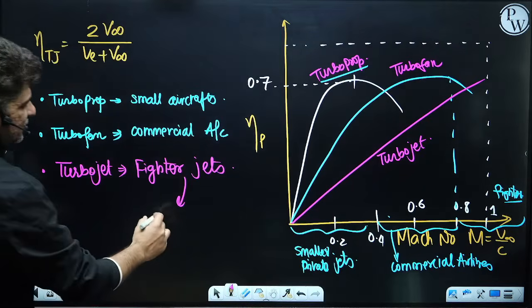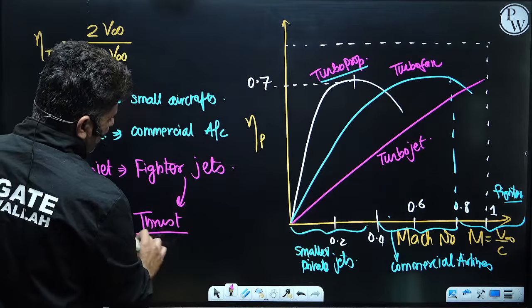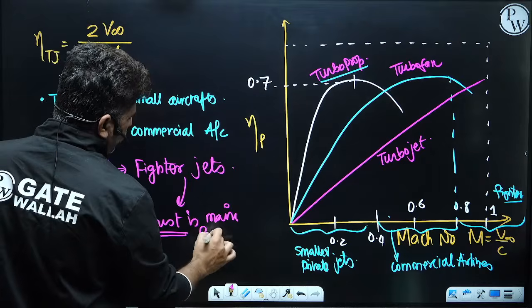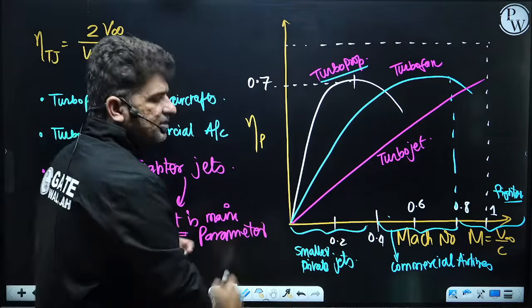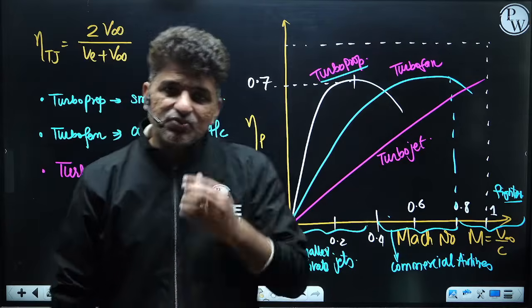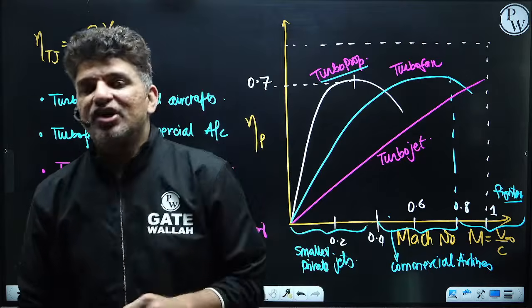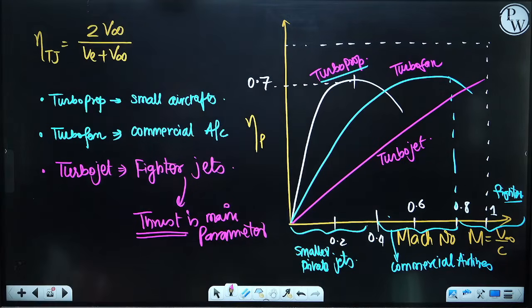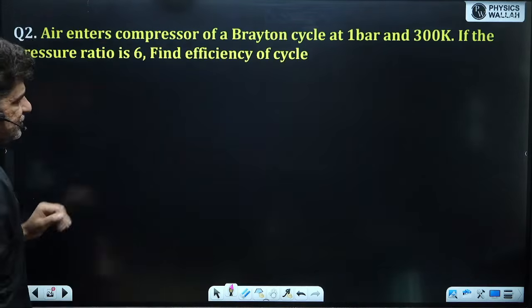So for fighter jets, thrust is the main criterion, the main parameter. You want to have as much thrust as possible. So thrust would be maximized when V exit is much, much higher as compared to V infinity. Is it clear? Okay, so this is how the propulsive efficiency looks like.